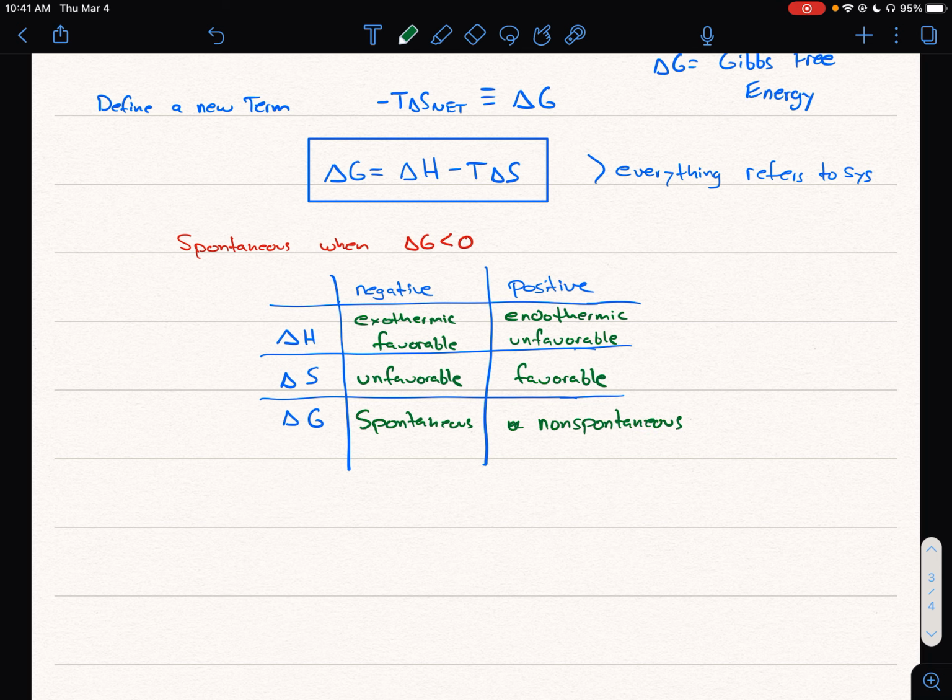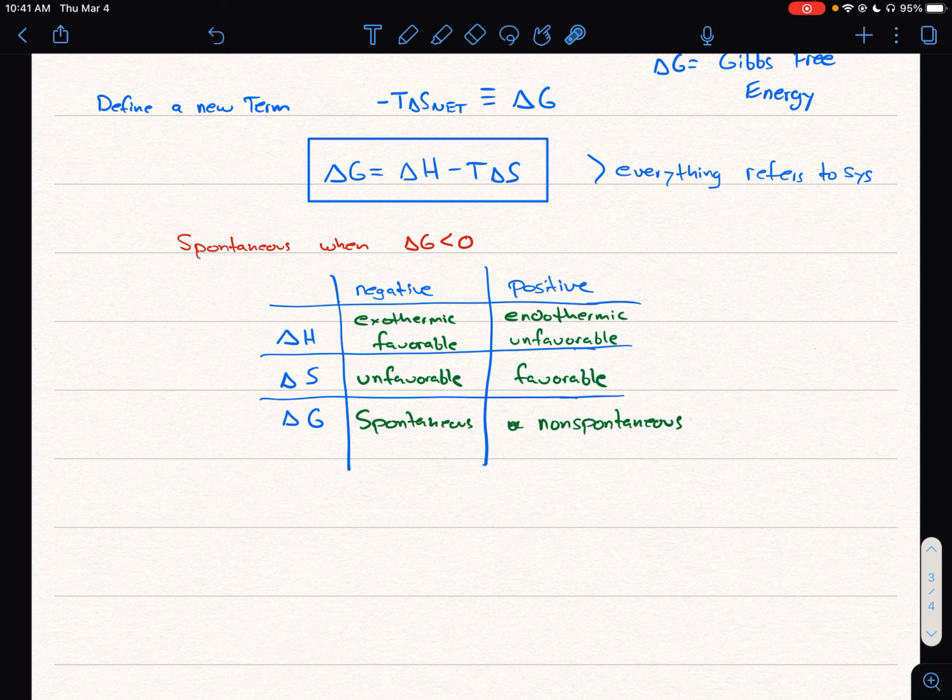When we go back to our equation, delta G equals delta H minus T delta S, we can see we have two terms, both of which can help make delta G negative and spontaneous. If delta H is a huge negative number, a very exothermic reaction, that's going to help make delta G negative. By contrast, if delta S is a huge positive number, then since we're subtracting the positive number, this term will make delta G negative, and that'll be favorable.